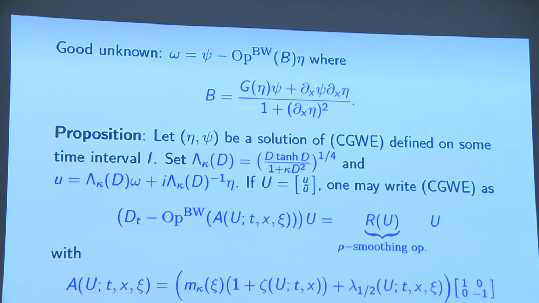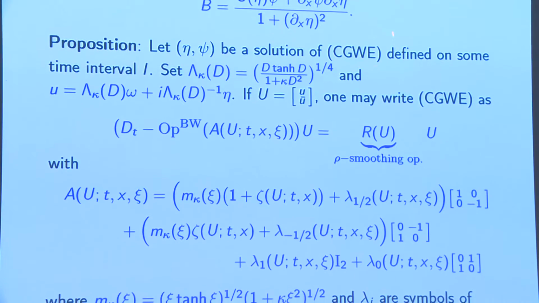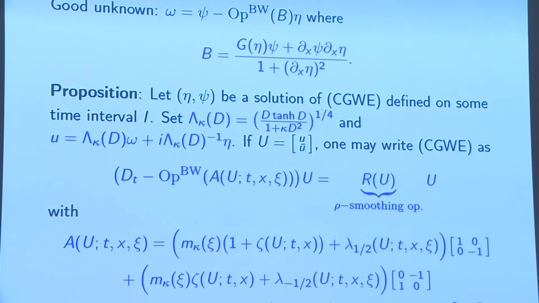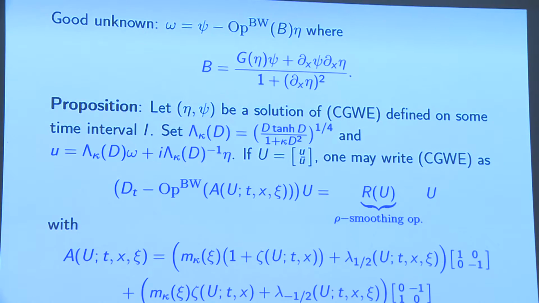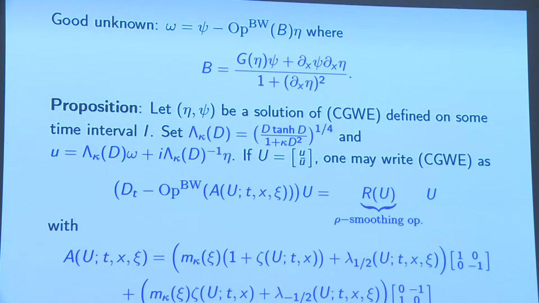So more precisely, if we start from eta psi, a solution of our equation defined on some time interval, let me introduce a complex unknown in the following way. Call lambda kappa of D the operator D hyperbolic tangent of D divided by 1 plus kappa D squared to the 1 over 4. This is an operator of order minus 1 over 4.